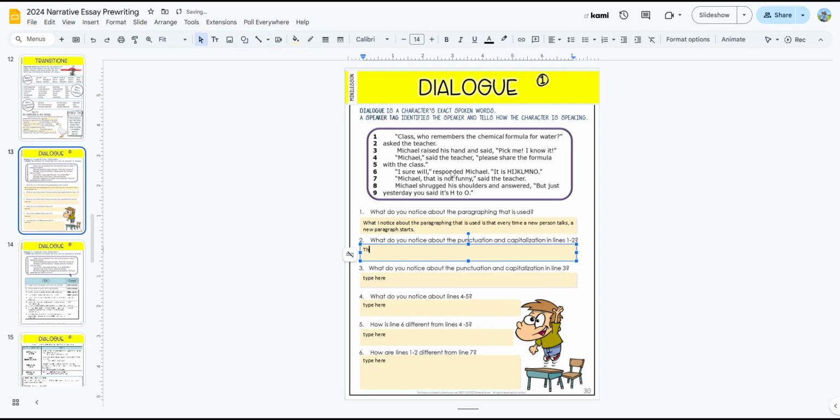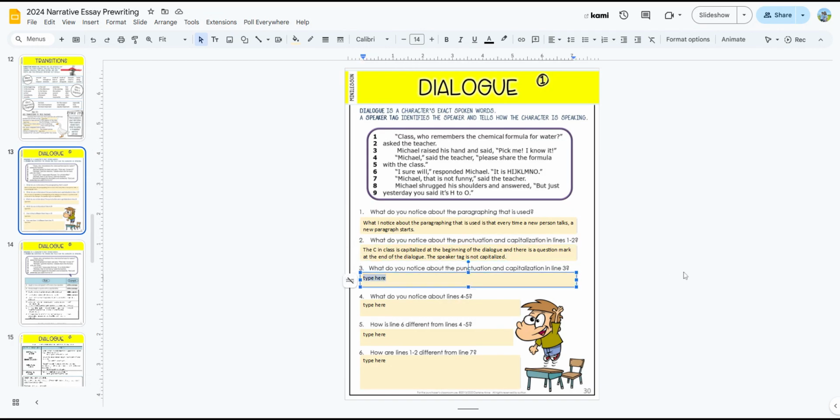So I'm going to say the C in class is capitalized at the beginning of the dialogue, and there is a question mark at the end of the dialogue. The speaker tag is not capitalized.